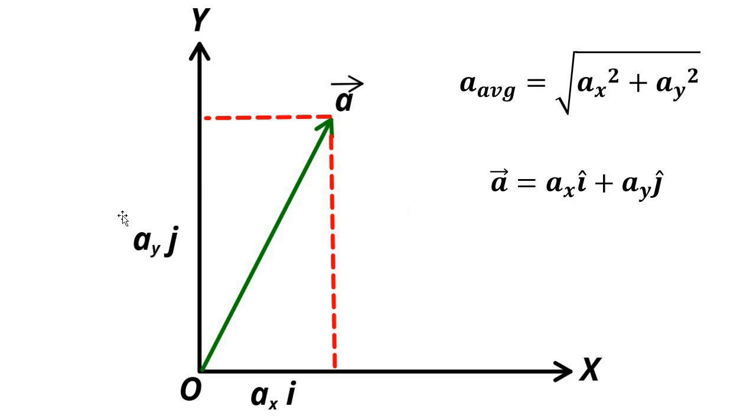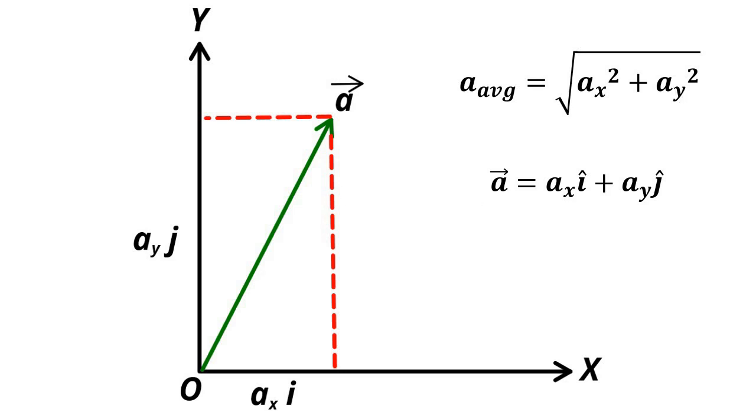ax is the x component, ay is the y component, and the average acceleration value is simply the magnitude of this, root over ax square plus ay square. So every parameter in two-dimensional motion will always be resolved into its individual x and y components for easier analysis.